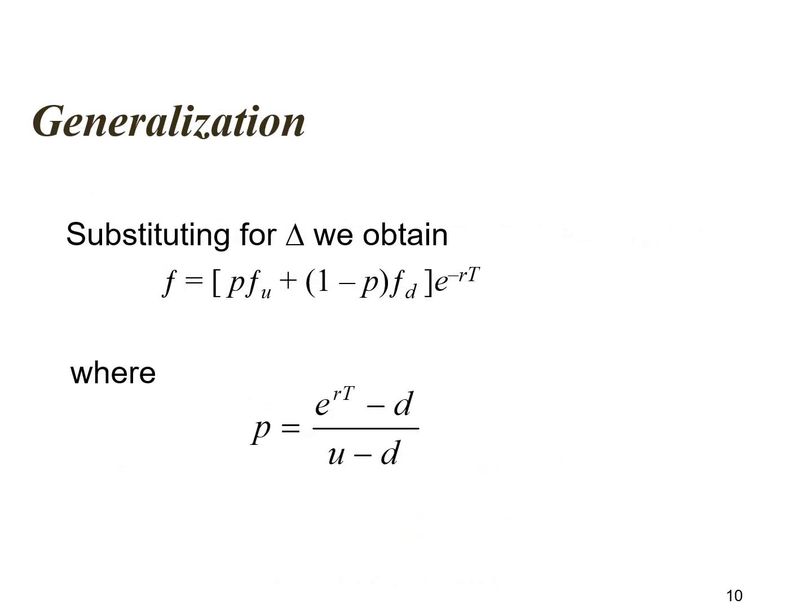So just to recap, there are two important formulae here. F, which is the value of the option, will be equal to p times fu plus 1 minus p times fd, discounted at e raised to the power of minus rt. Now p in this formula is equal to e raised to the power of rt minus d divided by u minus d.